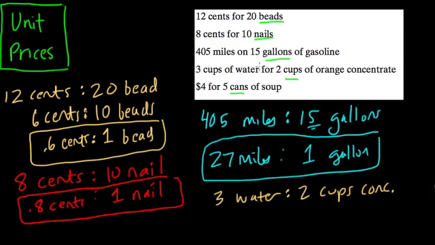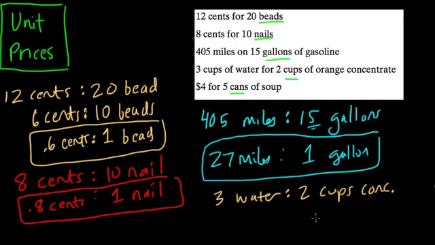I'm going to guess that we go for the amount of water needed for 1 cup of concentrate, because the water is in some ways unlimited, but the concentrate is what you're given.